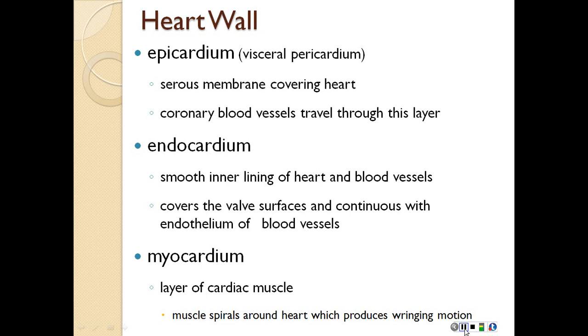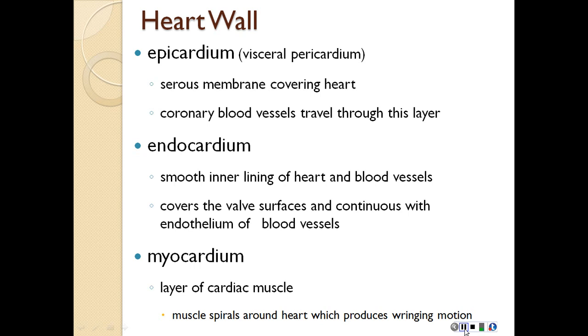The heart wall, and you all should remember these from the figure that you had to label a couple weeks ago. What was that, last week? So there's an epicardium, endocardium, and myocardium. So epi, the prefix epi means above or upon.